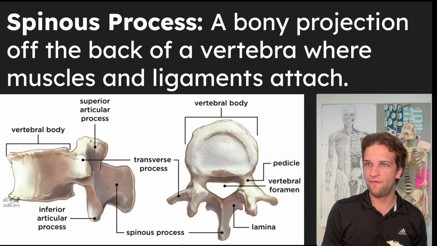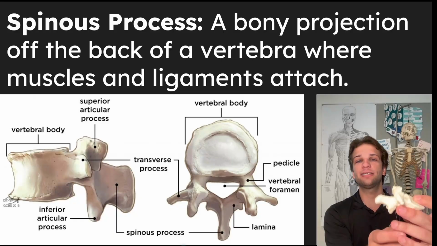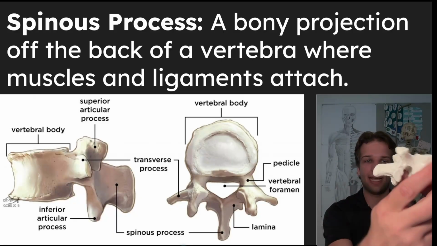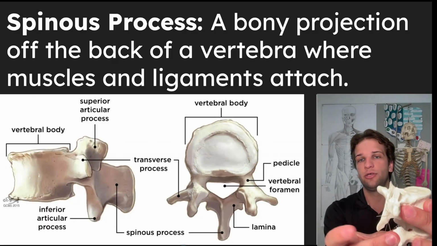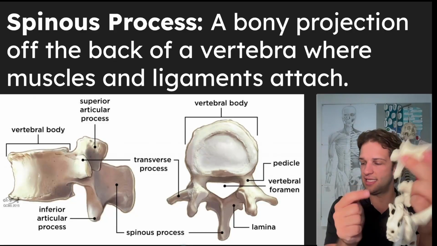We then have our spinous process. Spinous process is the section of the vertebrae that sticks off the back, right? And so if we take a look at a couple vertebrae, you'll see spinous process sticks out, spinous process sticks out.